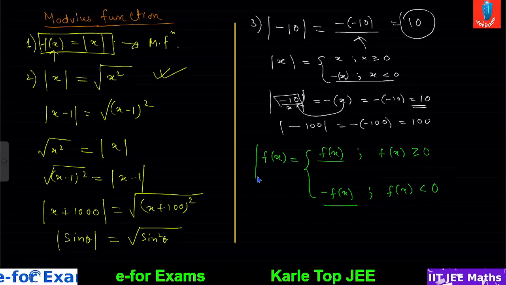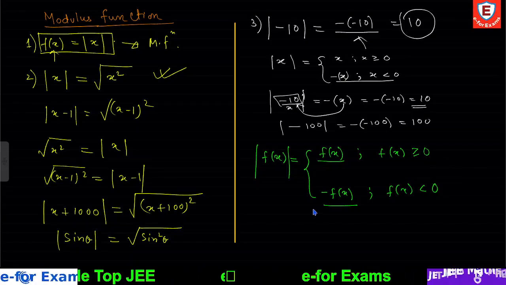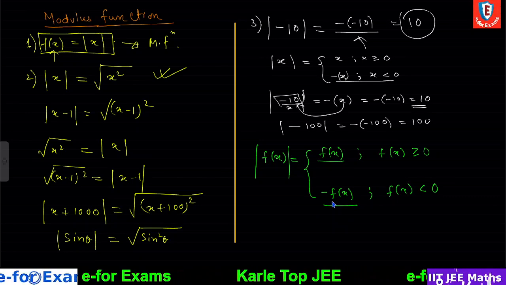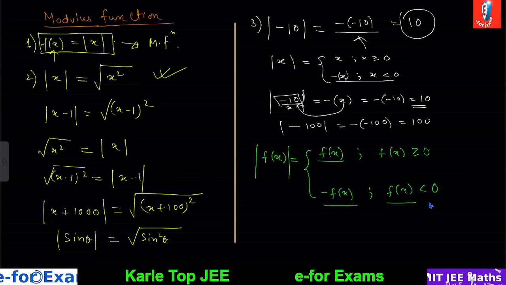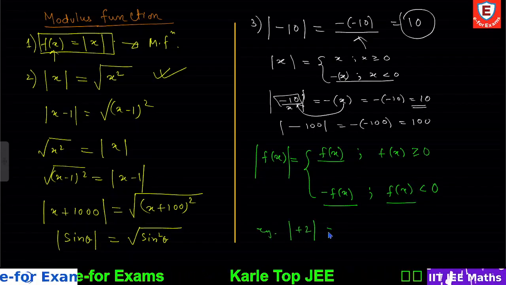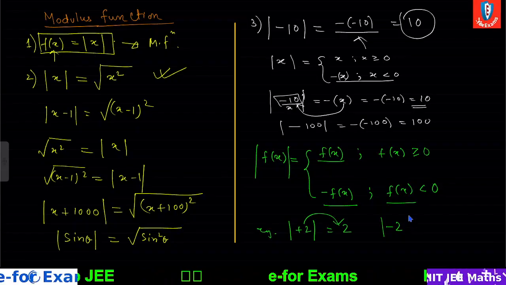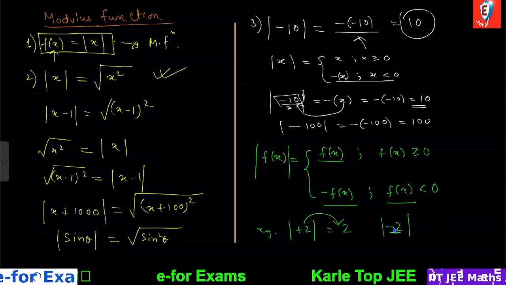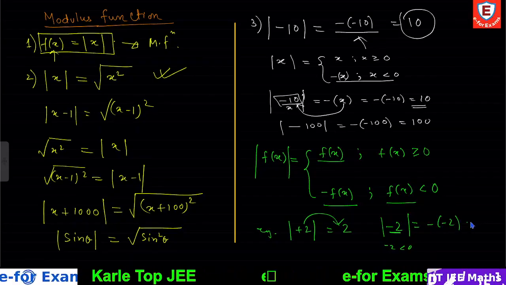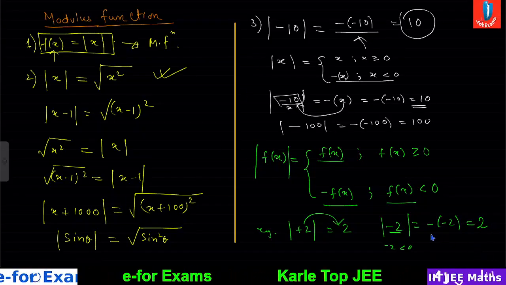Mod of f of x is equal to f of x itself when f of x is greater than or equal to 0, and mod of f of x is equal to minus of f of x, minus of the function, if the function itself is less than 0. Got it? Example, mod of plus 2 is equal to 2 only, the number itself here, right? And if it is mod of minus 2, which is negative, minus 2 is less than 0, so it will be equal to minus of minus 2, equal to 2. Got it? This is how the mod function works.